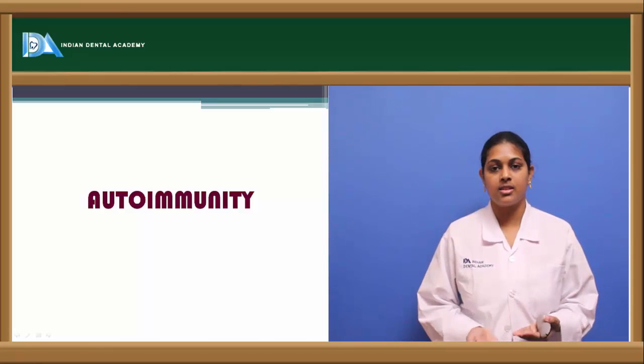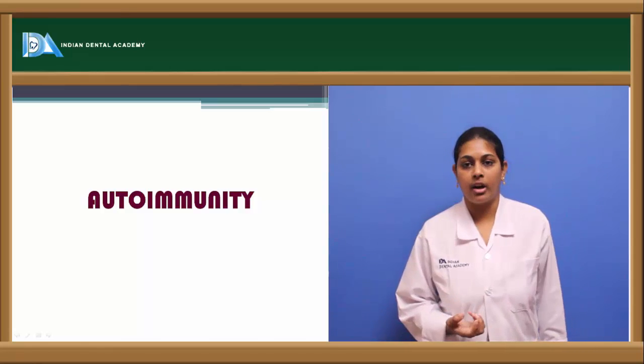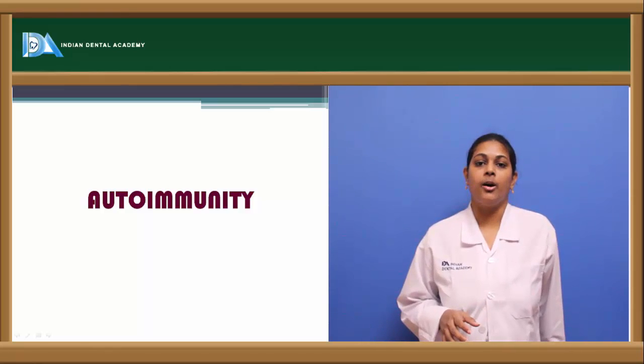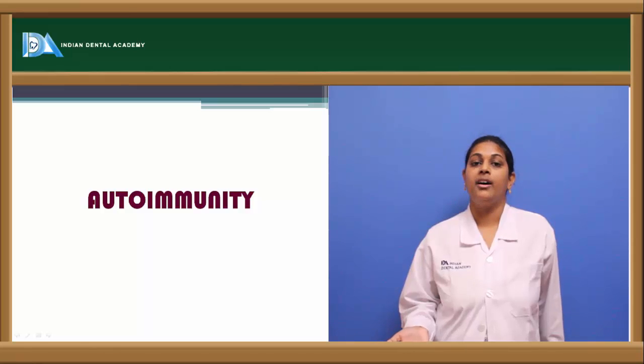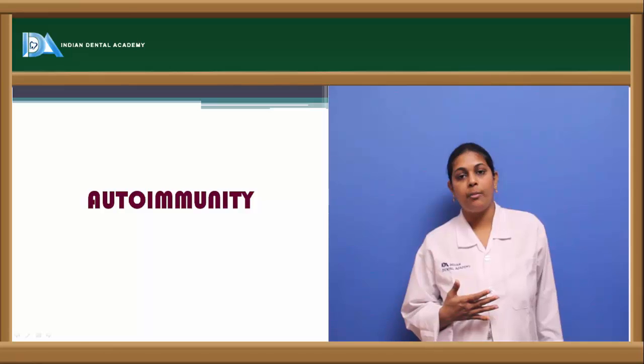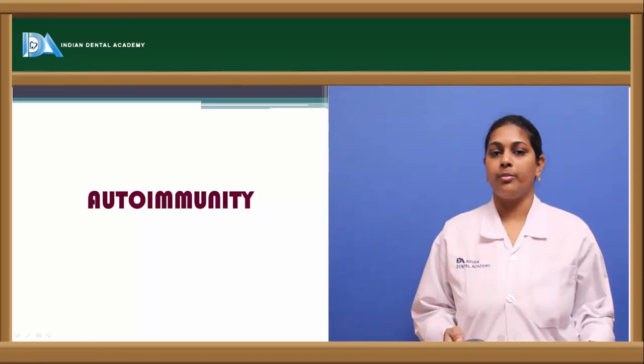Since these antigens are not really harmful to our body, the antibodies produced against them act as autoantibodies, and they form substances harmful to our body itself. So this is autoimmunity.